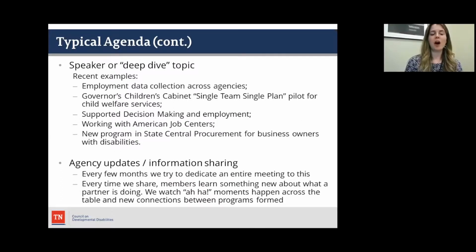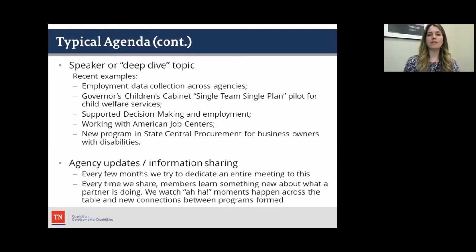So often, not always, we have a speaker or a deep dive topic to anchor the agenda. Recent examples are, we spent last month, February's meeting, talking about employment data collection across agencies who provide employment services.